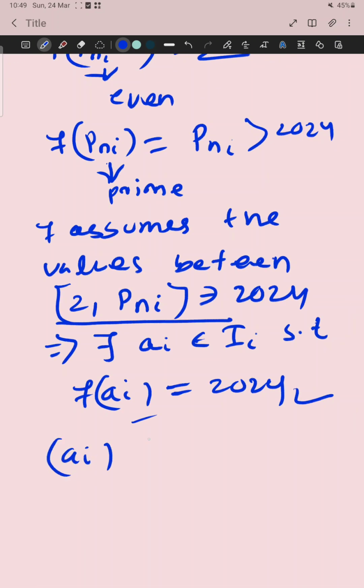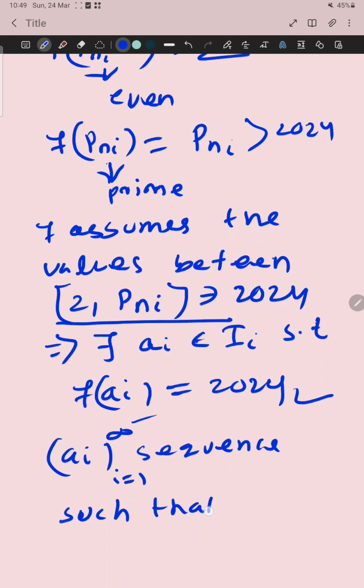So we get a sequence ai, i from 1 to infinity, such that f of ai gives 2024.